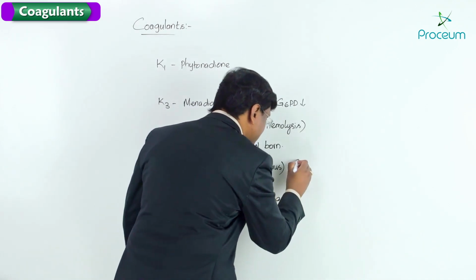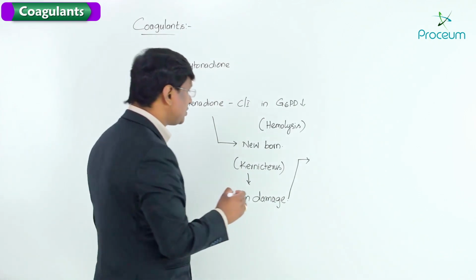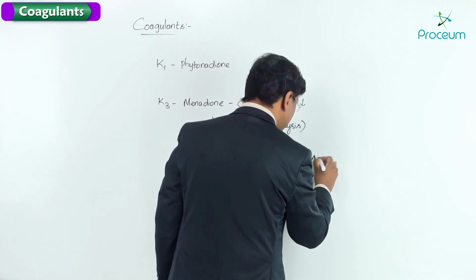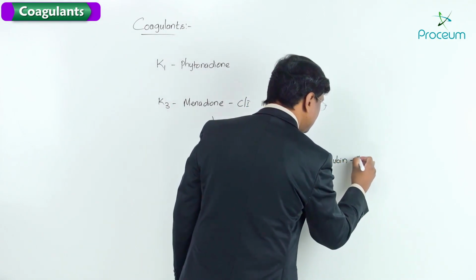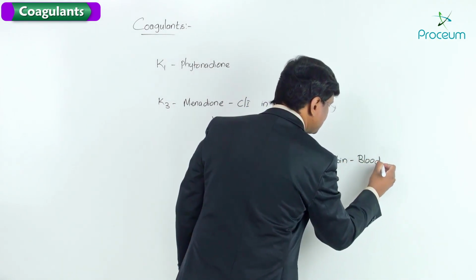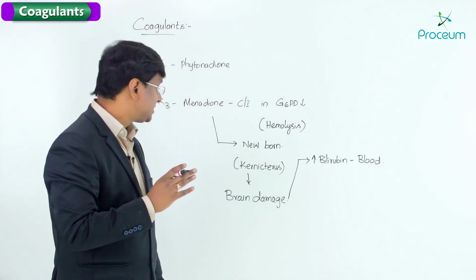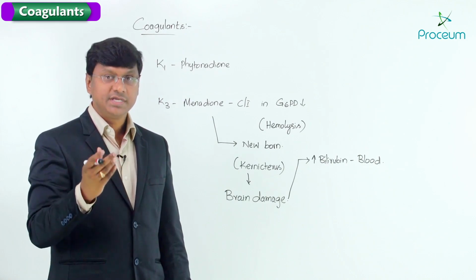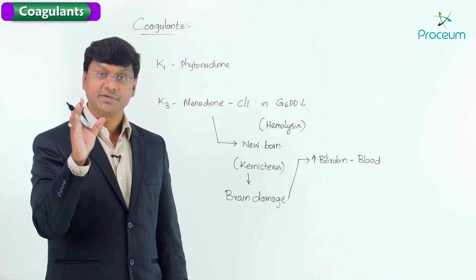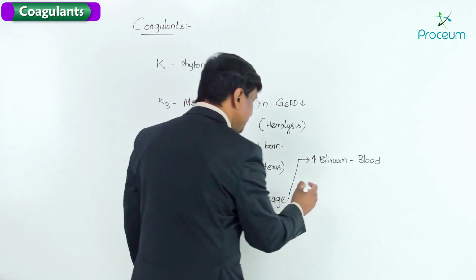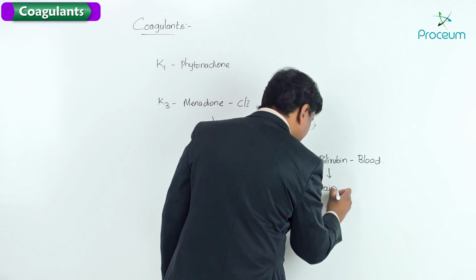And why does this particular brain damage occur? It results from high levels of bilirubin in the blood of the baby. Now, this bilirubin which is increased in the baby's blood will cross the blood-brain barrier, and it will go and get deposited within the brain.